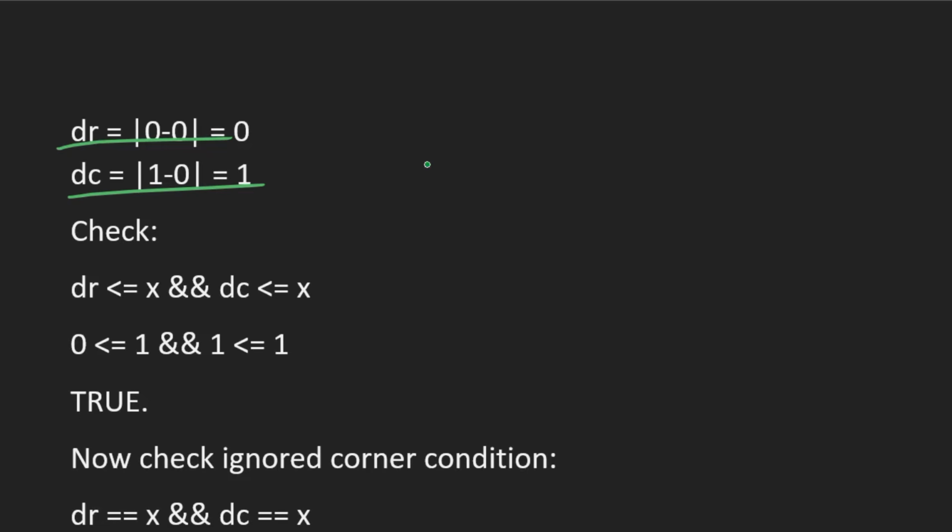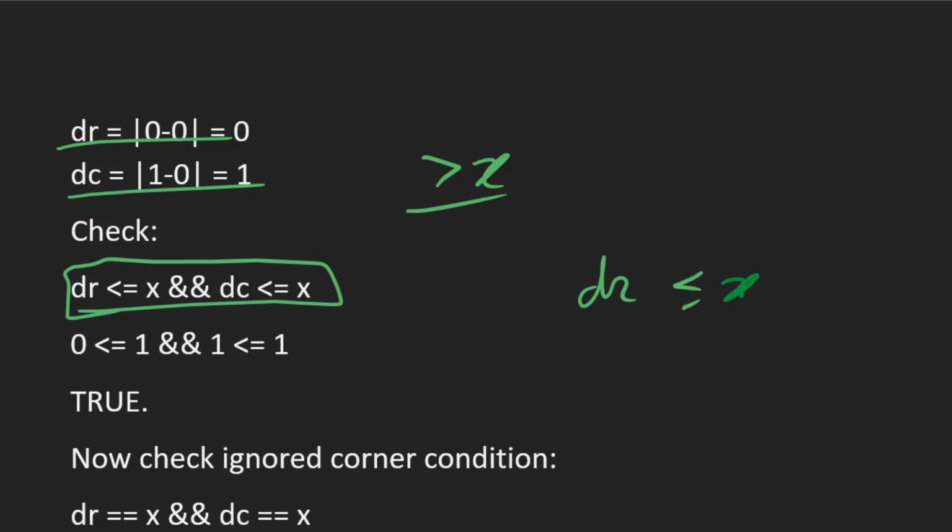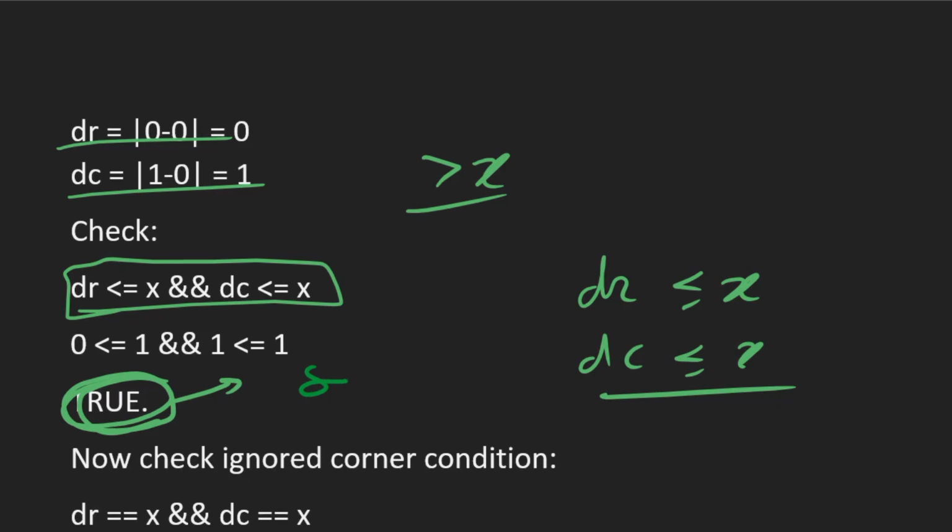cell having value greater than x is present in our square or not, that means the row distance should be less than or equal to x, and the column distance should be less than or equal to x. So yes, the current cell is present in the square.